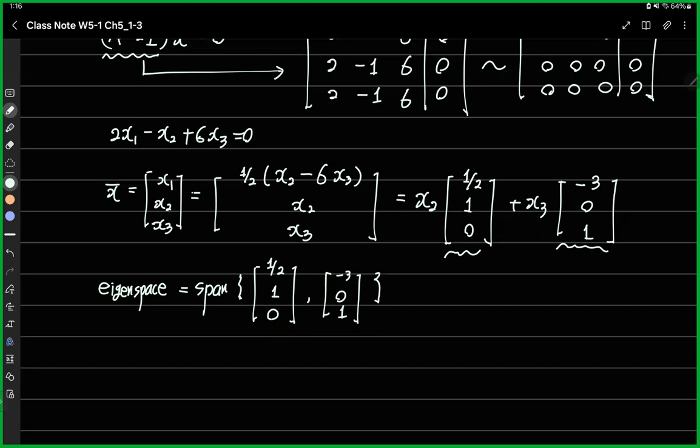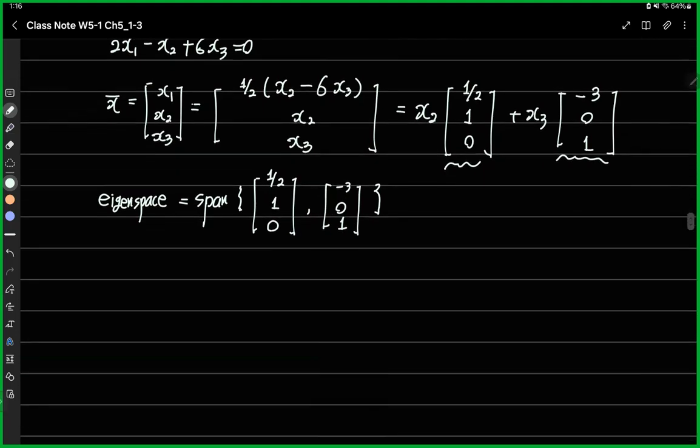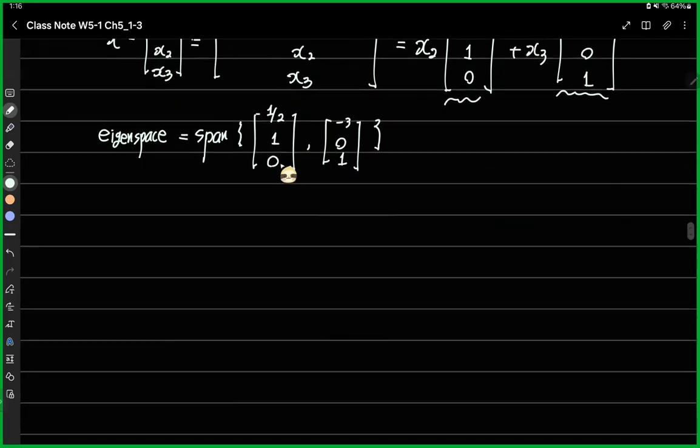So the eigenspace is this. But look at the two vectors. Each vector has 3 entries. So these two vectors must be in 3-dimensional space, but these two vectors will generate not 3-dimensional space, but R2, a plane, right?